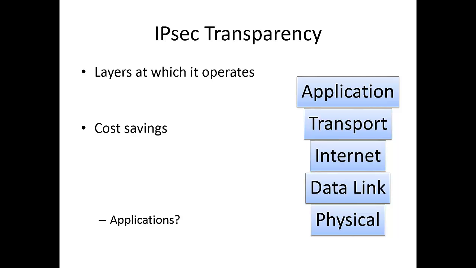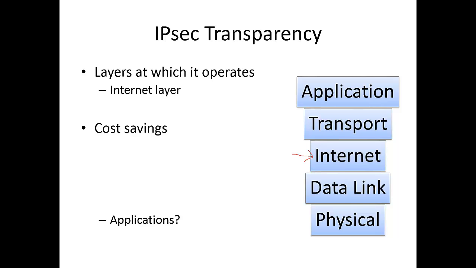As you can see in the figure shown here, there are multiple network layers, and IPsec chose to operate at, as we already discussed in the previous slide, the internet layer. So right here, the layer at which it operates is this internet layer.